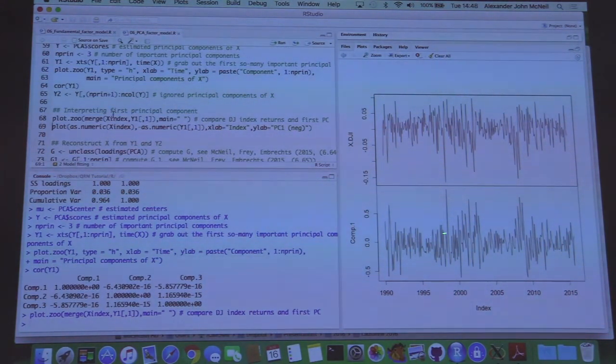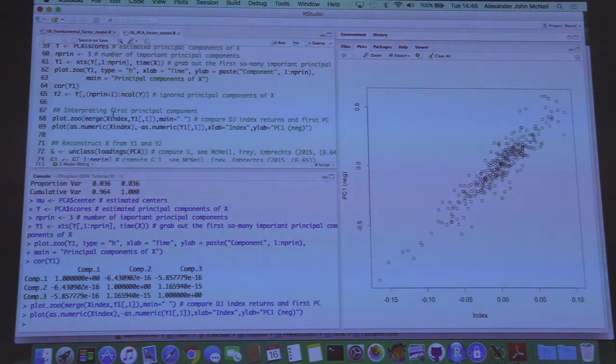What do you see here? It's a little bit like as if this were a mirror, like they're flipped over. So let's change the sign of that and plot that against that. So this is the Dow Jones Index returns plotted against the negative of the first principal component. You can see they are highly correlated, but they're different.